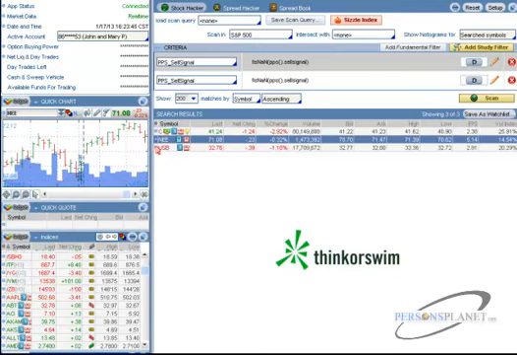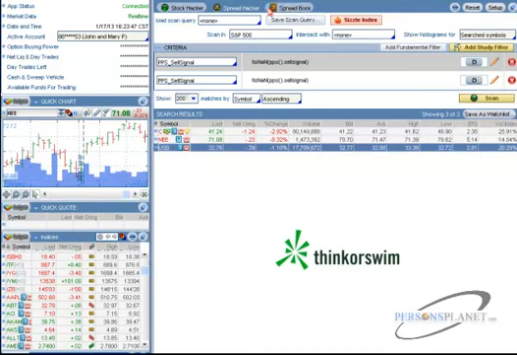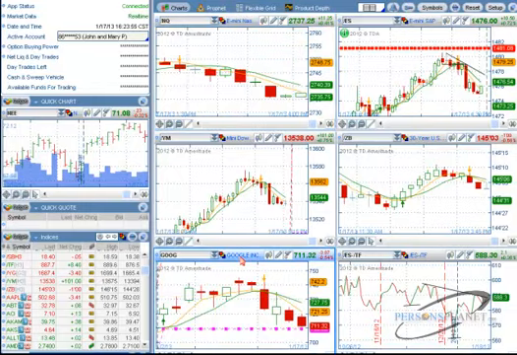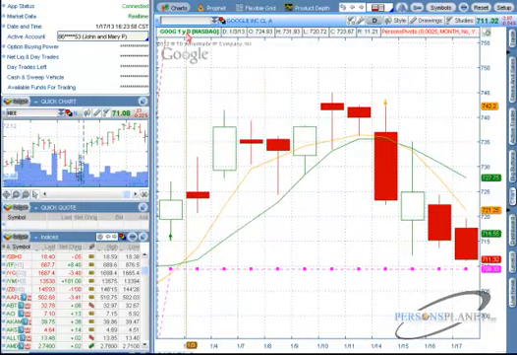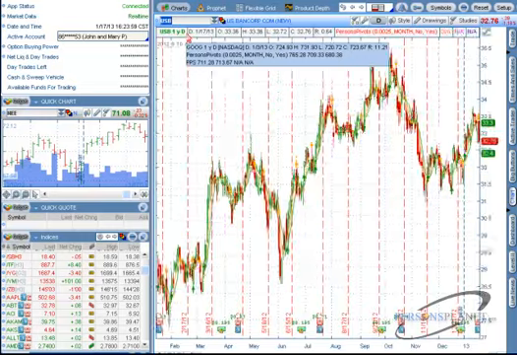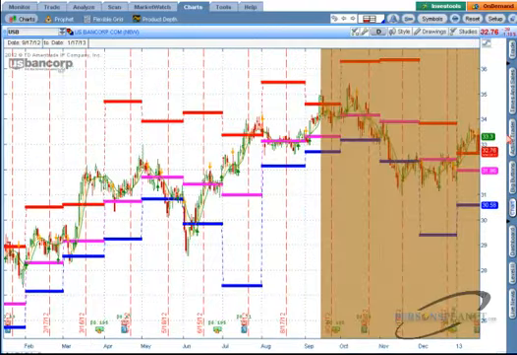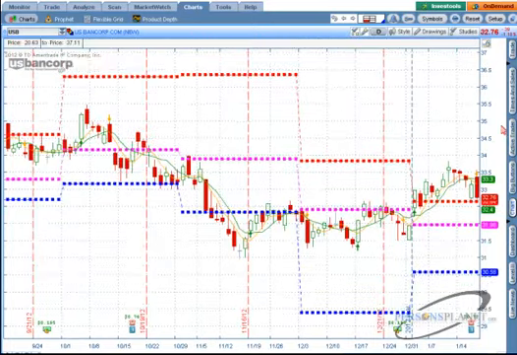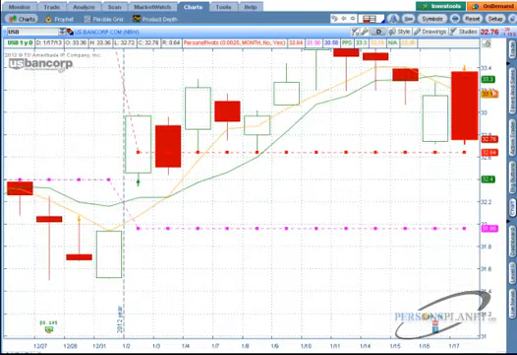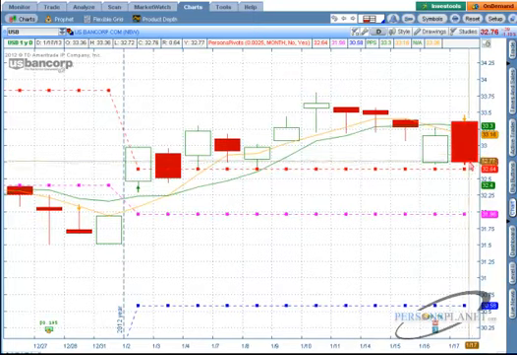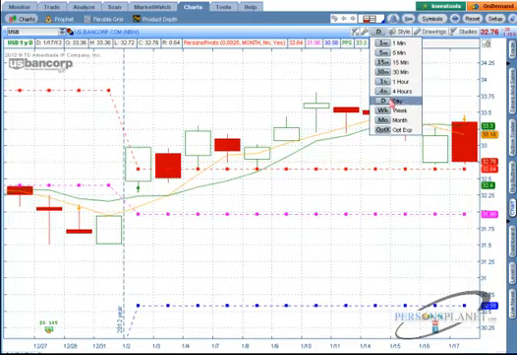And let's take a look at this guy, NE, and then USB. All right, well, USB today looks like a very significant bearish engulfing pattern, generated a sell signal.